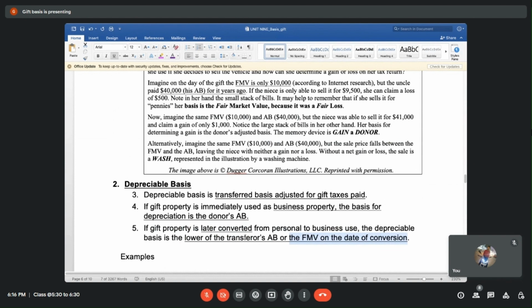The parents are going to gift it to their kids, and at the time of receiving the gift it's still okay, but later on they may want to sell it off. Then how do we calculate their gains or losses? So we need to understand these rules.